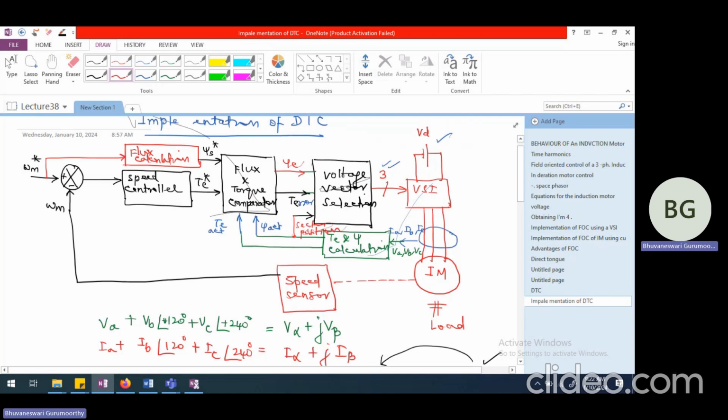So if I have the sector position of psi s, if I have the torque error value and flux error value, I should be able to select the appropriate voltage vector from the voltage vector selection table. And we should be able to fire the VSI devices accordingly, and we should be able to implement direct torque control easily.